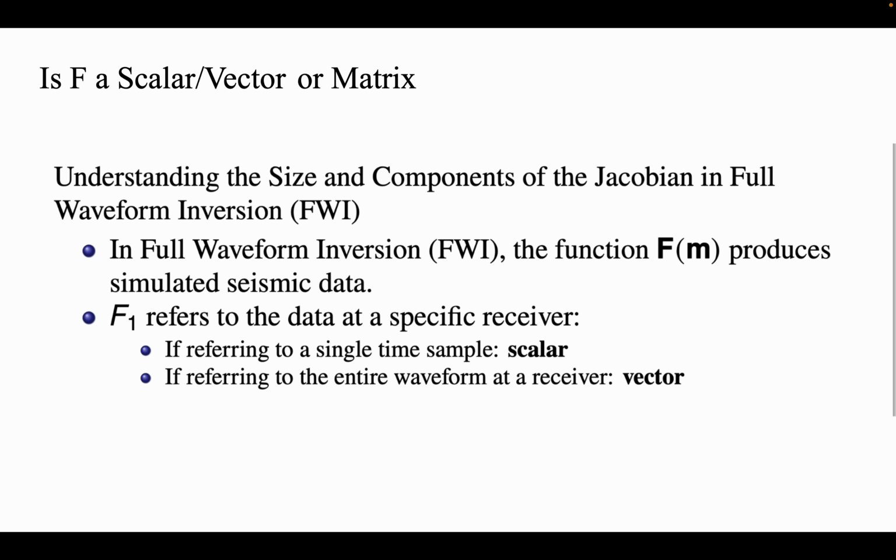Let's say F1 is simulating the seismic data, and F1 refers to the data at a specific receiver. If referring to a single time sample, in this case it will be a scalar. But if I am referring to the entire waveform at a receiver, it is a vector.